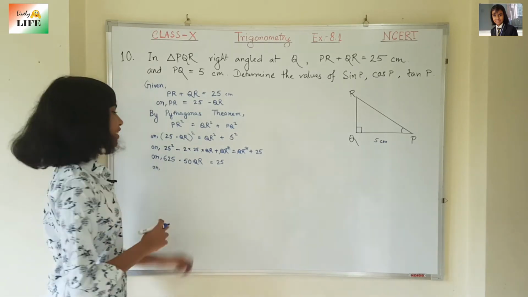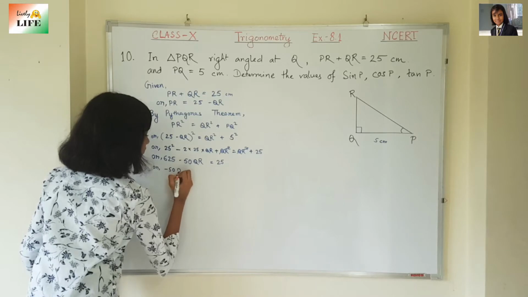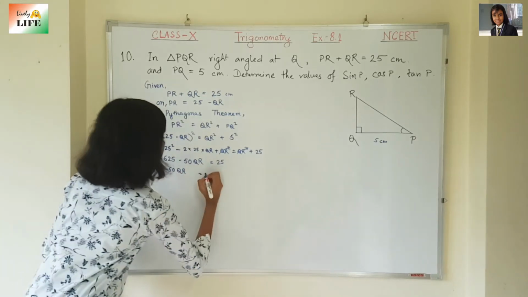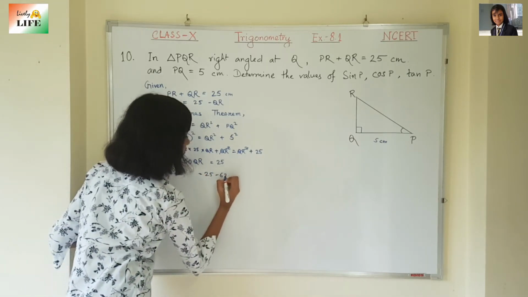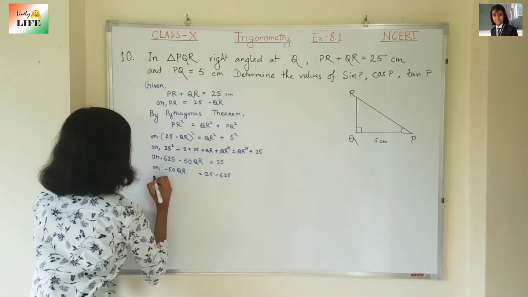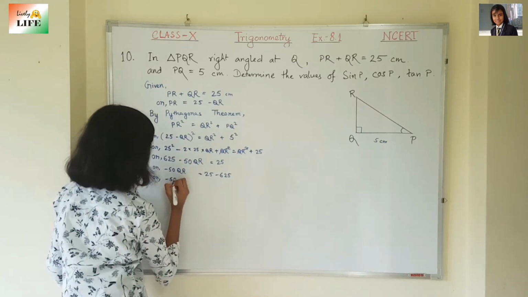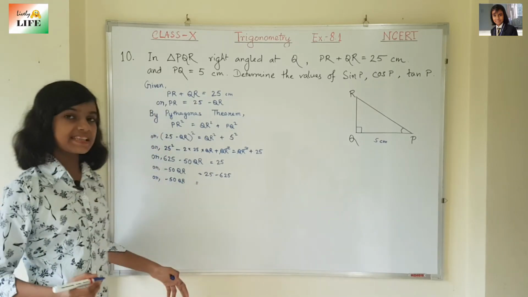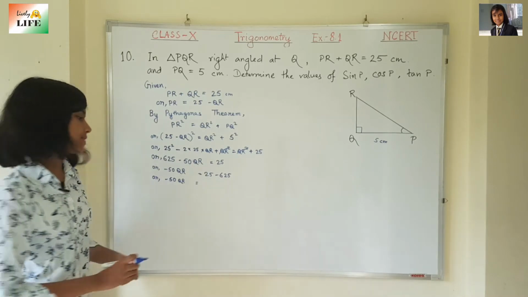So now we are going to find the value of QR. 50 QR is equal to 25 minus 625. What is 25 minus 625? It is minus 600.